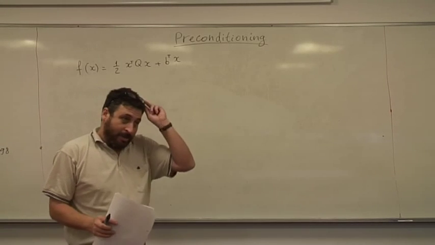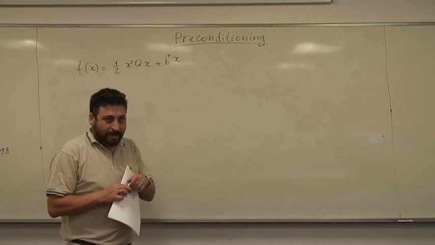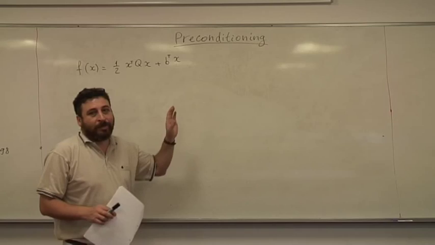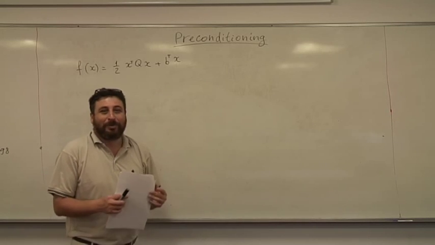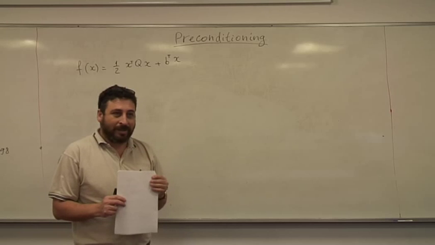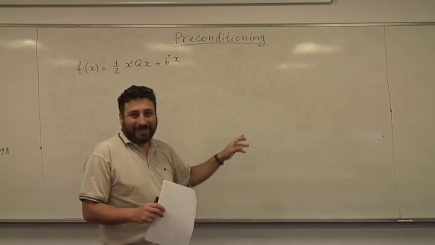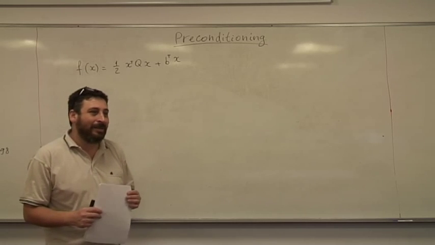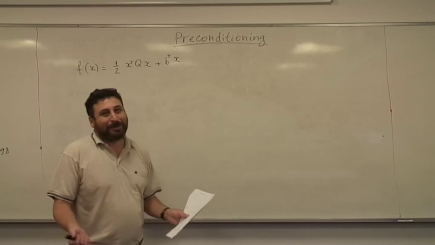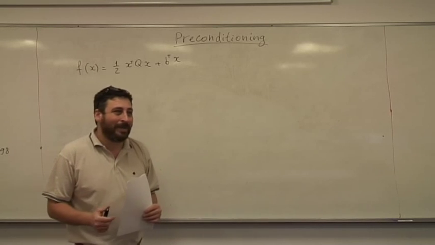Okay, so we already said that the convergence rate depends on the condition number of the matrix, although for conjugate gradients it gets under a square root, the ratio capital M divided by small m, but still it's better to have this ratio as small as possible.